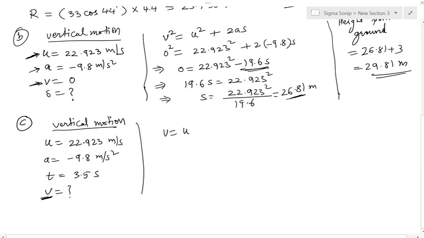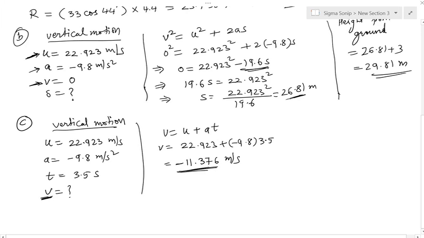We use this equation, and that gives you 22.923 plus minus 9.8 times 3.5, which gives us minus 11.376 meters per second. The negative sign means that it is opposite to our positive direction. Our positive direction was vertically upward, so this negative sign means the velocity is vertically downward.